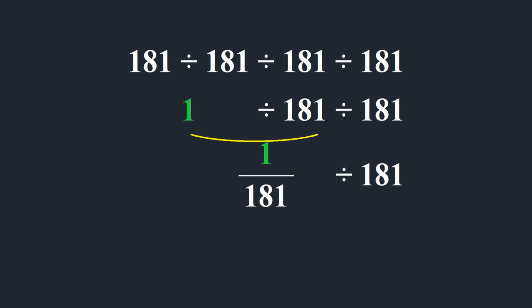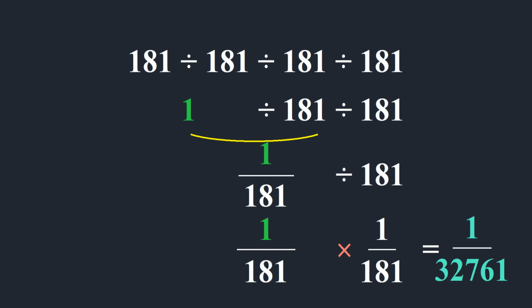So we must keep the first fraction 1 over 181 and change division to multiplication times, then flip the second fraction 1 over 181, which equals 1 over 32,761, and this is our final answer for this problem.